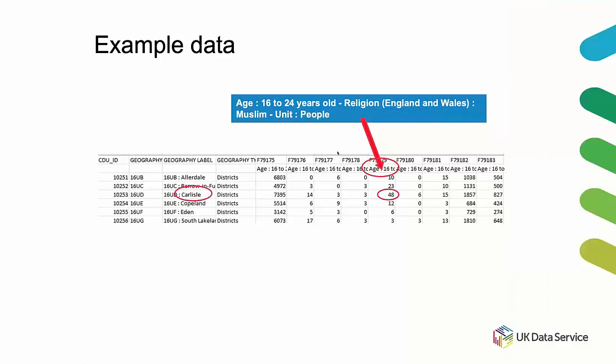And this is what it might look like in a table. And this is the sort of output you'd get if you downloaded the data from one of our interfaces. This shows that there are, for instance, 48 people aged 16 to 24 who identify as Muslim and live in Carlisle. And we deliver this aggregate data in two forms of interfaces. We'll show you those later.